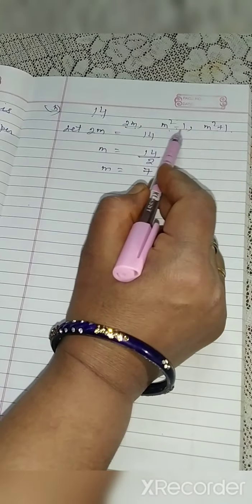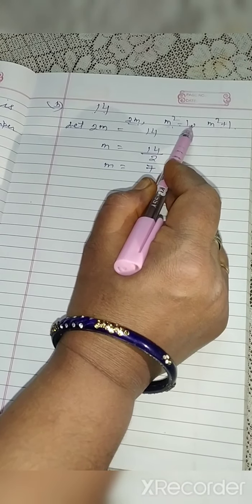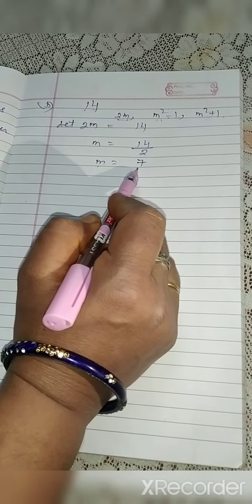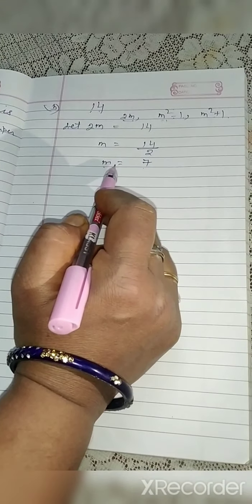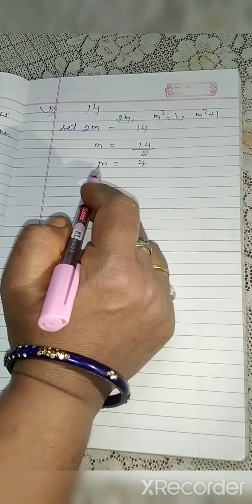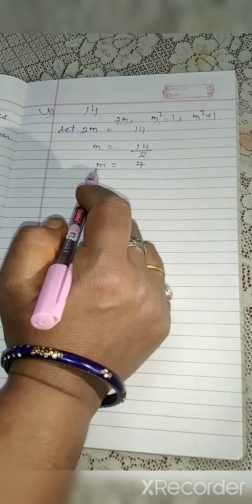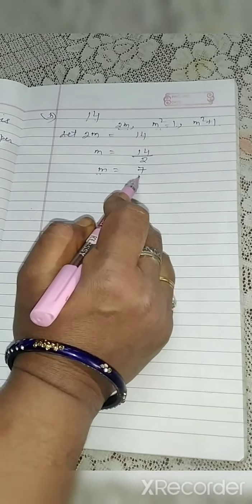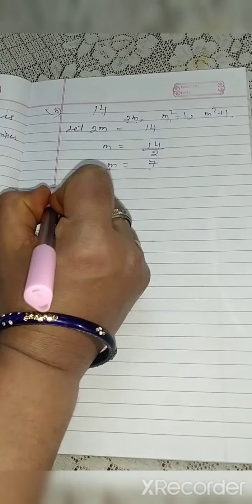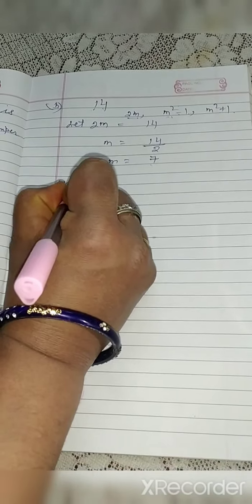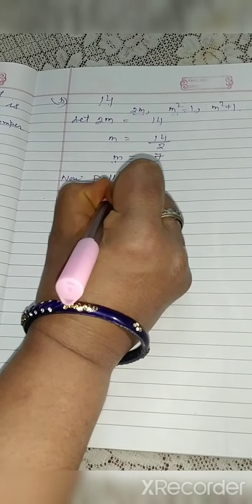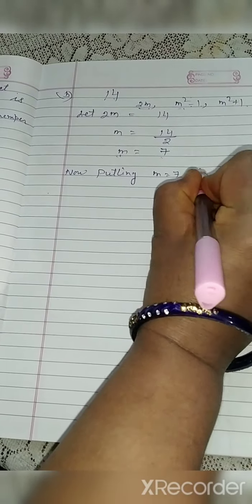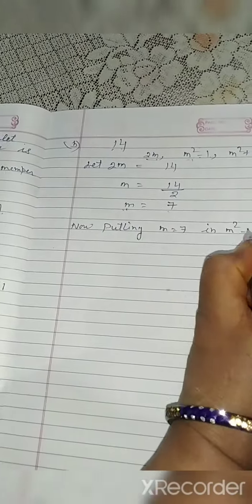Now we are finding the second member, m square minus 1. And for this, the value of what do we need first? We need the value of m. And this rule says that m should be greater than 1. So we are getting m is greater than 1. Now putting m is equal to 7 in m square minus 1.